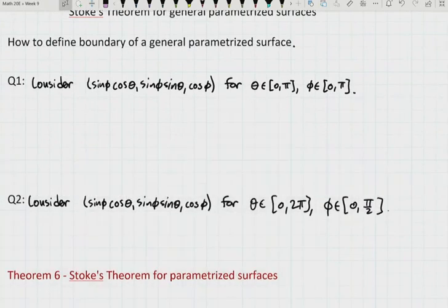Okay, so that first shape, see if I can draw it. I gave the spherical coordinates of, well, it's all the points on the unit sphere for which the polar angle is between 0 and 180. So that is going to look like it's all the points from here up to here.